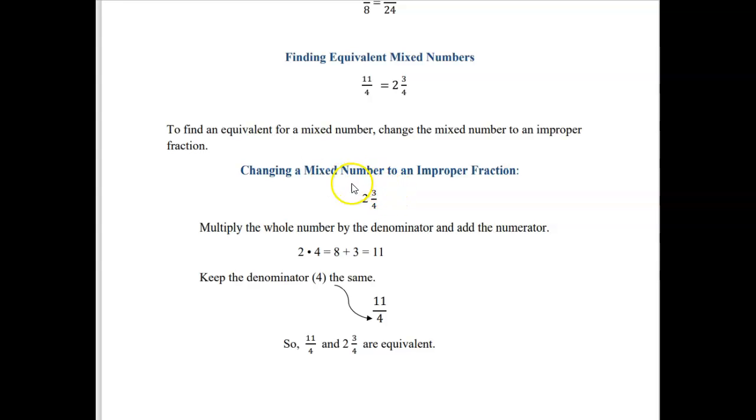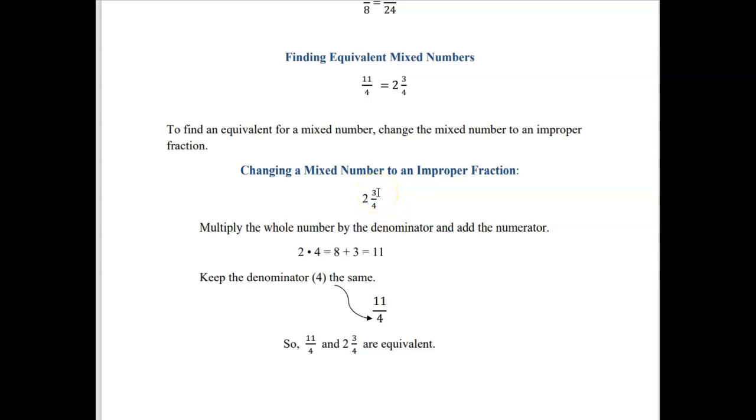So let's look at our example here. We have 2 3/4. So what you have to do is multiply the whole number by the denominator, okay? And then you add the numerator. So here's the denominator, and this is the whole number. The 2 is the whole number, the 4 is the denominator. So we do 2 times 4. What does that equal? 8. And then we do 8 plus 3. There's a lot of operations going on here.